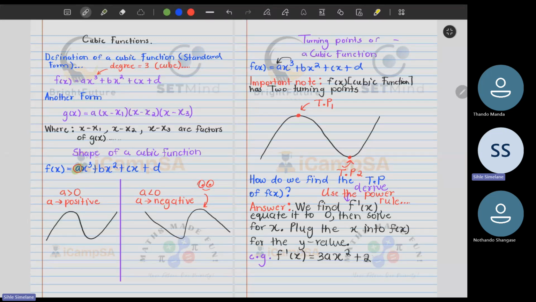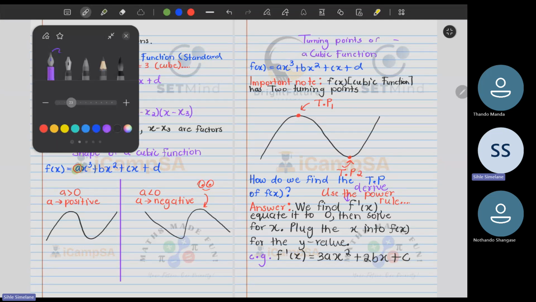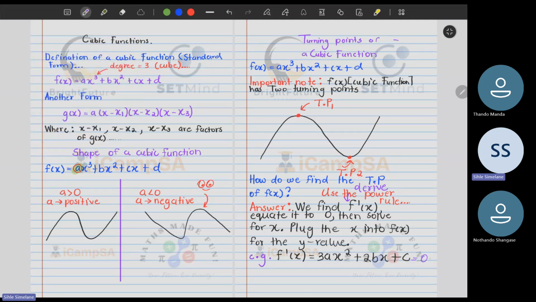Then if you look at the other one, we'll have 2b x and then plus c. Derivative of a constant, remember, we said it is 0. So it means if we want the turning point, this is what we are going to equate to 0 and then try and solve for x, which will give us the x value of the turning points.